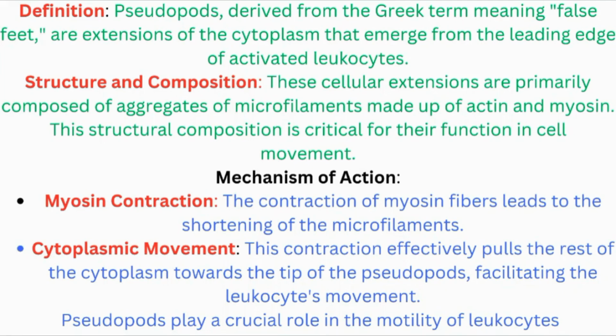So, myosin contraction. The contraction of myosin fibers leads to the shortening of the microfilaments. Now this contraction effectively pulls the rest of the cytoplasm towards the tip of the pseudopods, facilitating the movement of white blood cells.